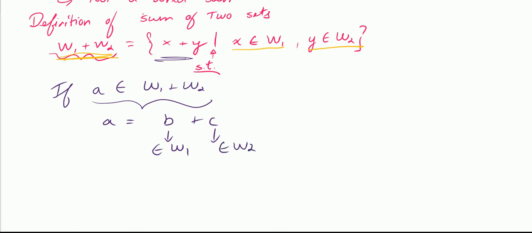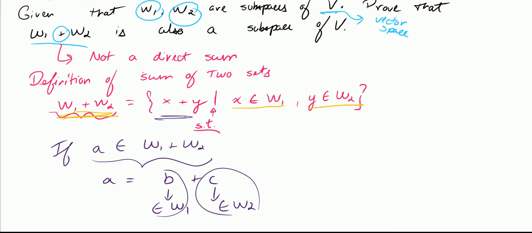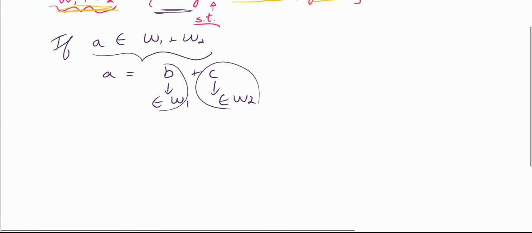So for any element that belongs to W1 plus W2, it can be expressed as the sum of an element in W1 plus an element in W2. That's the definition of the sum of two sets. I needed to define what I'm trying to find first before proving that it's a subspace.